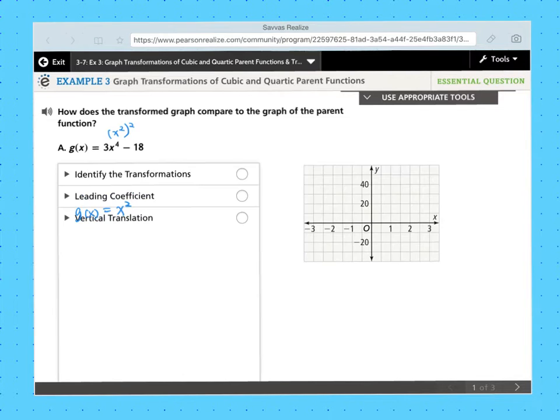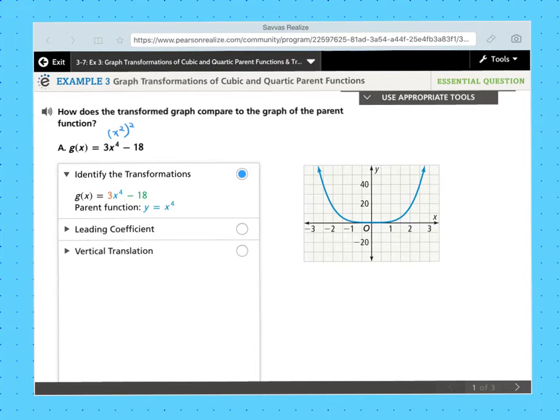Let's look at the first one, which is to identify the transformations. We already did that by finding out that it follows y equals x raised to the fourth, which is y equals x squared squared. What that does is it makes the function much wider than a quadratic function. And then the next thing we're going to look at is the leading coefficient 3.